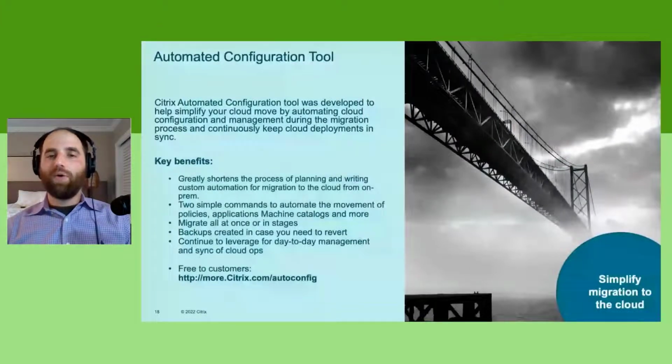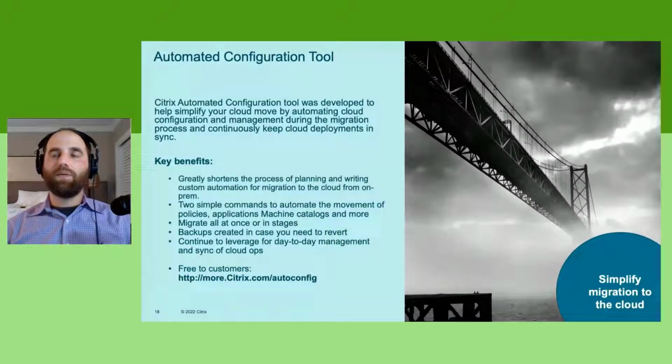Now, we talk about cloud and hybrid cloud, and we very much believe that cloud is a journey, and it means different things to different people. But regardless of where you're at on that journey or where you plan to go, we want to be there to help you. And that's where the automated configuration tool comes in.